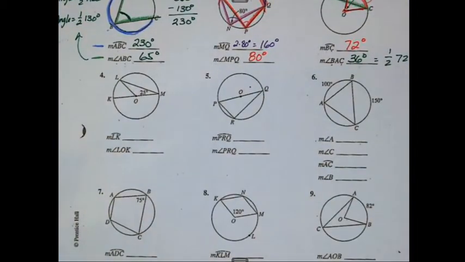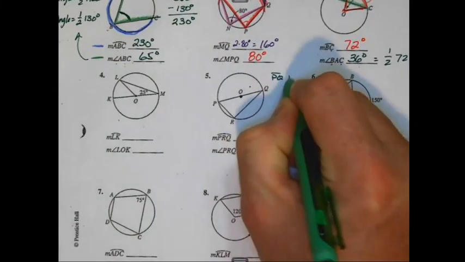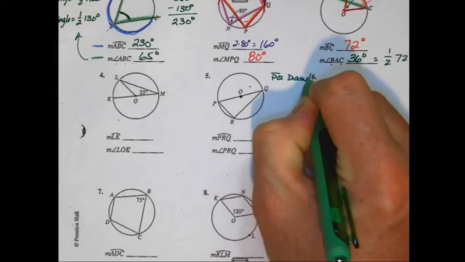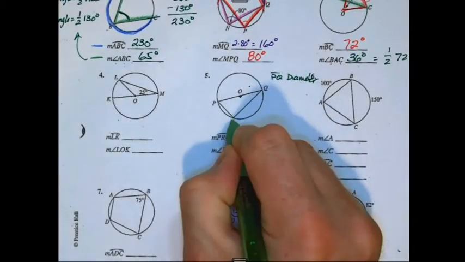Let's go to number 5. Now, number 5, PQ goes through O. O is the center. PQ is a diameter. If it's a diameter, that makes this a right angle.